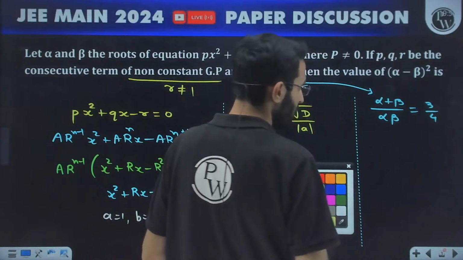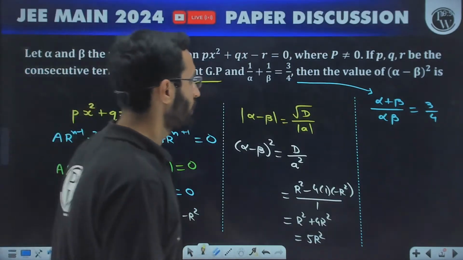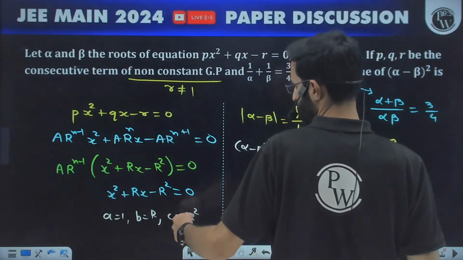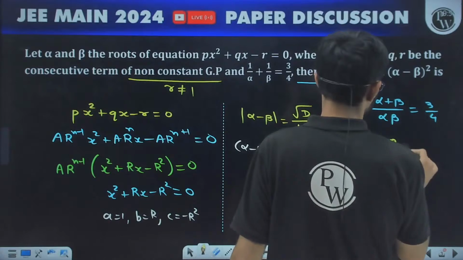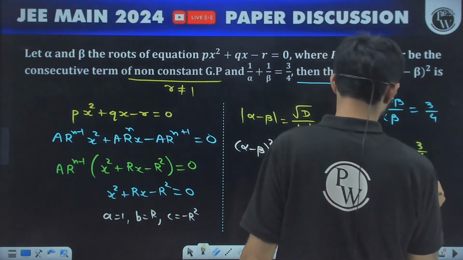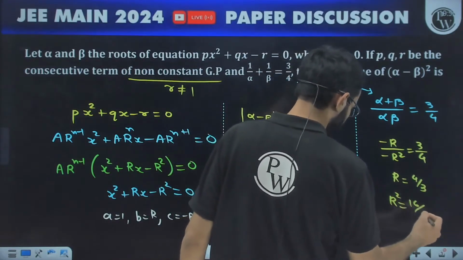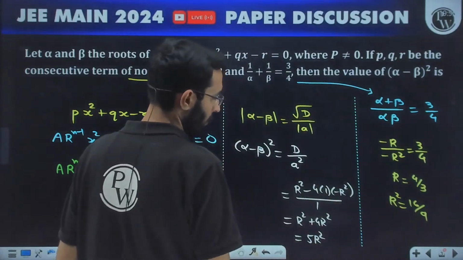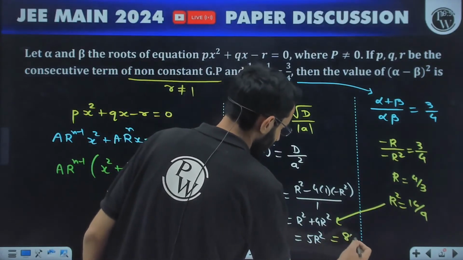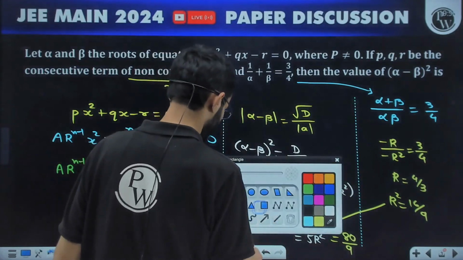Alpha plus beta is minus b by a, so minus r, a is 1, upon alpha into beta, which is c by a, c is minus r square, equals 3 by 4. If I simplify, I get r as 4 by 3. If r is 4 by 3, then r square will be 16 by 9. Putting this value of r square, 5 times 16 by 9, it will become 80 by 9.